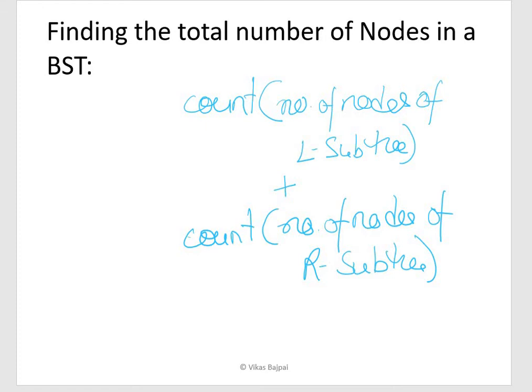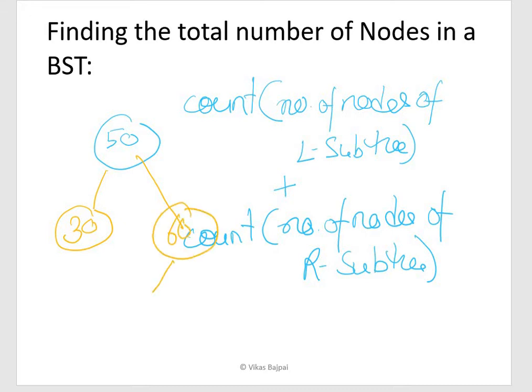Once again, let's take a somewhat similar example to the previous one. Let me take a binary search tree, so that it becomes easier for you to grasp the concept.